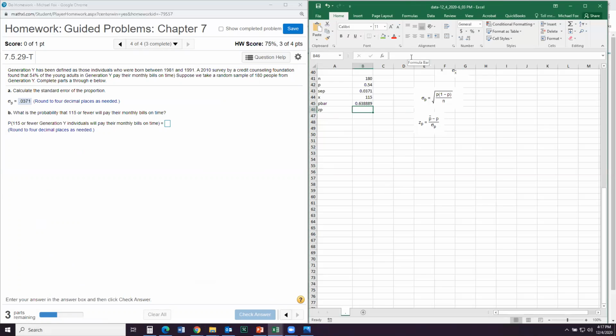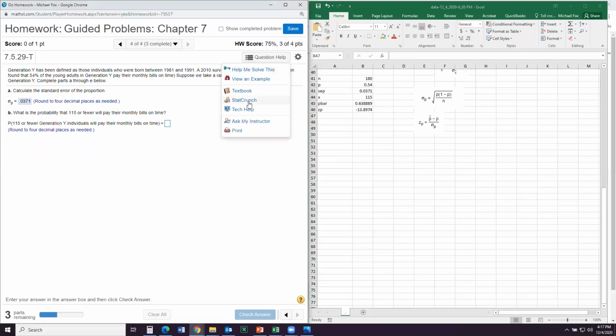So the Z of P then is going to equal the, no, not the square root, P bar minus P divided by the standard error of the proportion. Wow, that doesn't sound right.